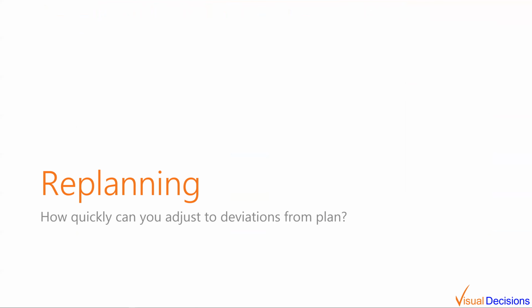Planning and replanning is another huge key to becoming more agile. I have a long background with planning and scheduling systems. And one of the keys there is to reduce the planning cycle.